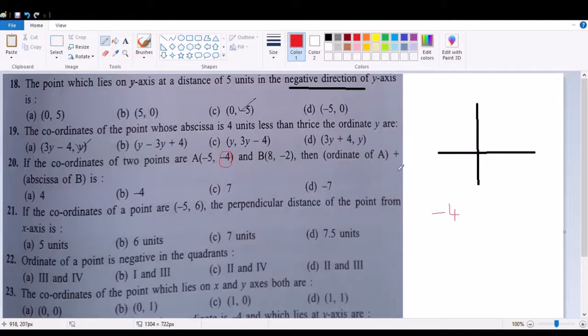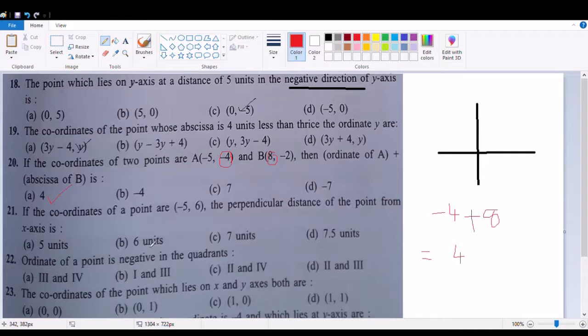Here the sign is positive, so you write plus. Then abscissa of B means the x coordinate of B, that is minus 8. So minus 4 plus 8? Different signs, so find the difference and put the sign of the greater. The difference of 8 and 4 is 4. The greater sign is positive, so the answer is plus 4.